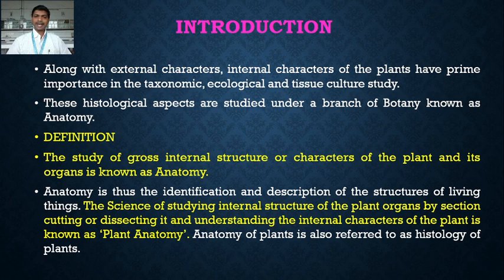Anatomy of plant is also referred to as histology of the plant. Histological aspects are mostly the internal structures or characters of the plants that are studied in anatomy, and this is done by section cutting or dissection.